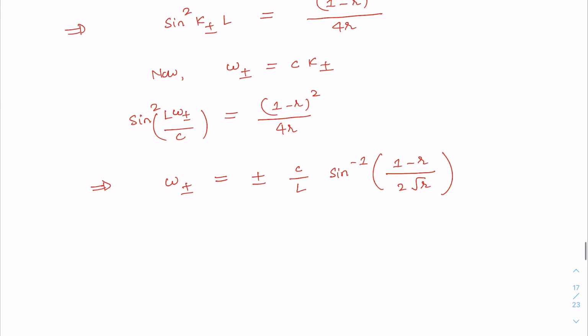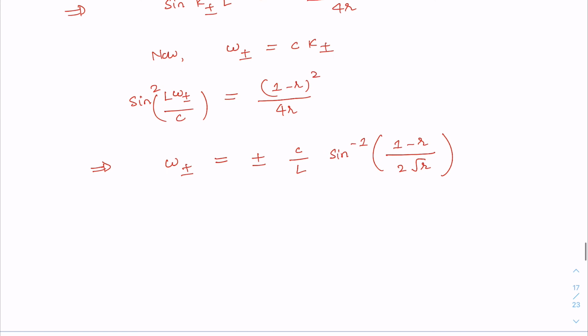Now under small angle approximation, because this reflectivity R is usually 96 to 99%, 98%, for the sine function we can make the small angle approximation.